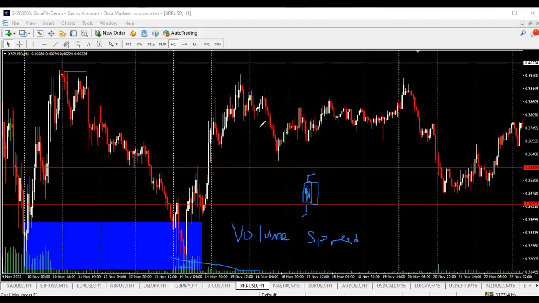This is how I trade volume, demand and supply using volume spread analysis. So I've taught you what I use. The other things I use on demand and supply, I'll be uploading very soon. I've covered price action, and now I have covered demand and supply.